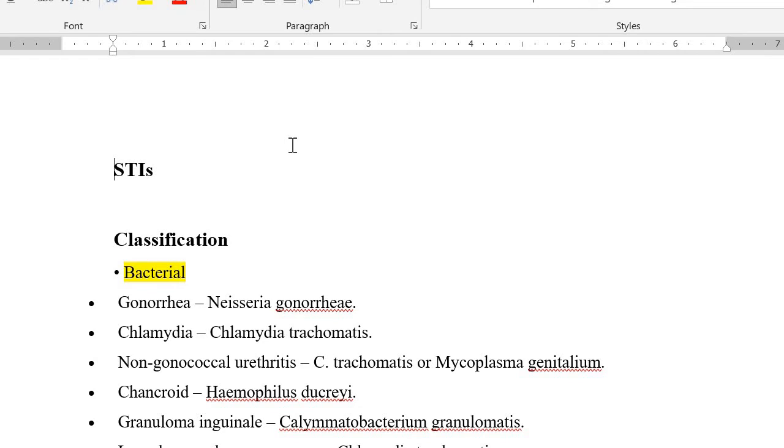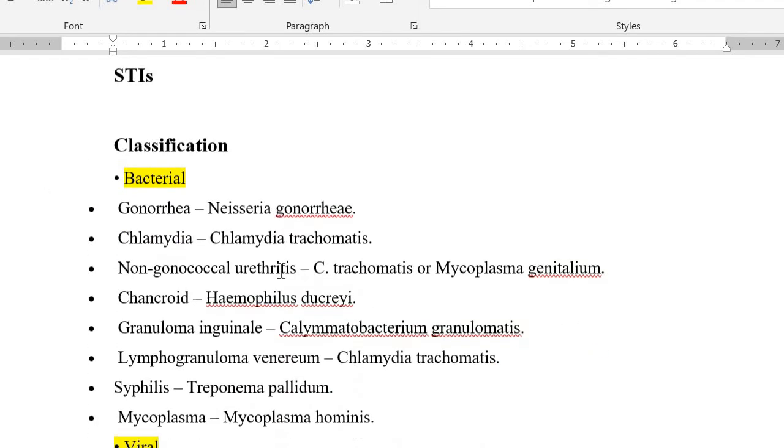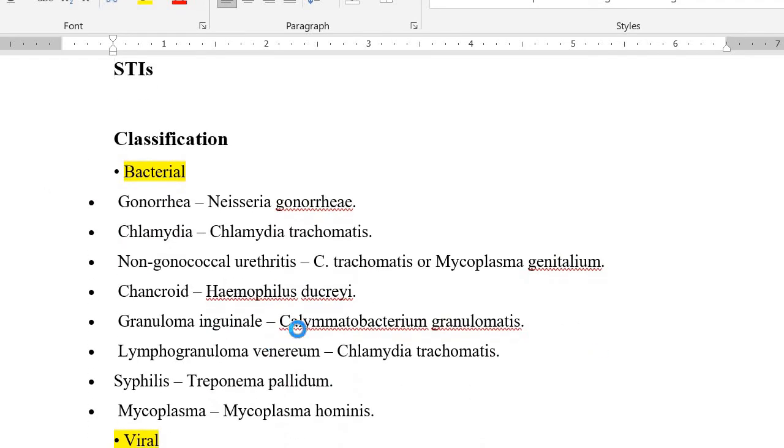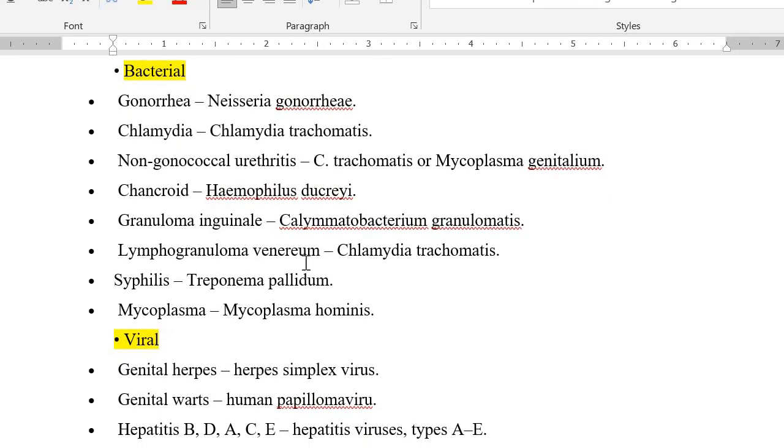Then chancroid, caused by Haemophilus ducreyi. Then granuloma inguinale, caused by Klebsiella granulomatis.